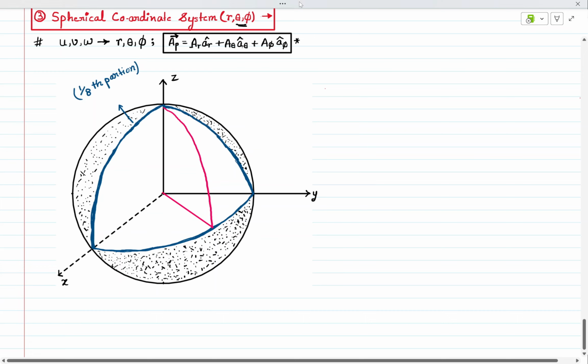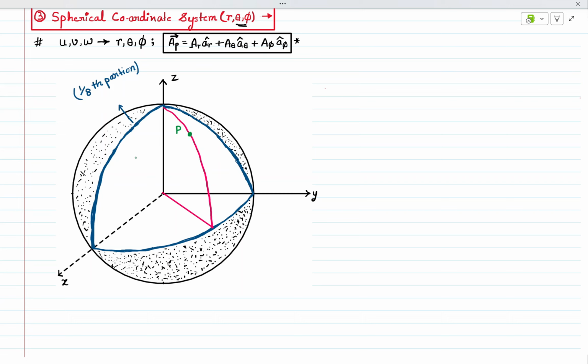Now consider a point P. Say this is a point P, which has been shown here in green color.